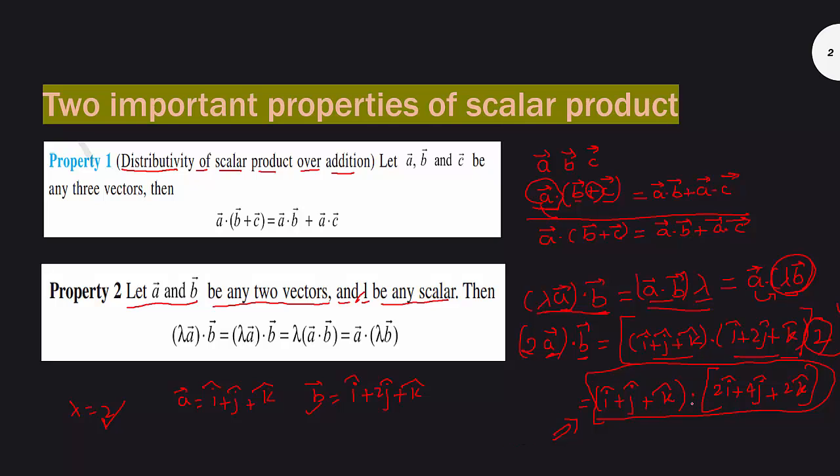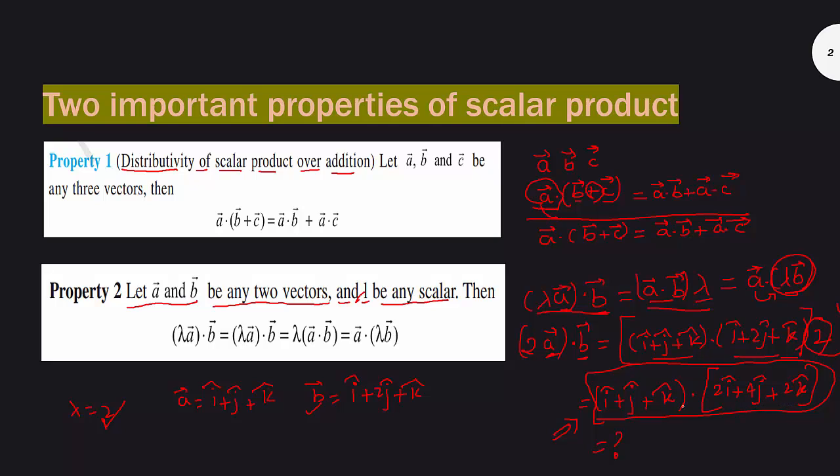So now let us write this much only. By the end of this class, you are going to learn the product of this i cap plus j cap plus k cap with 2i cap plus 4j cap plus 2k cap.